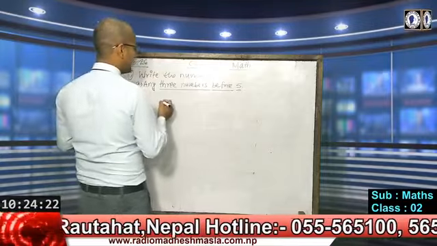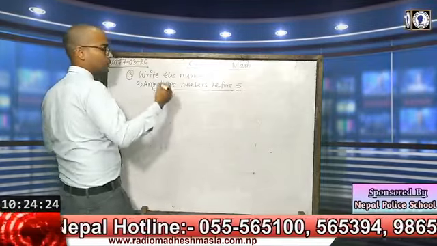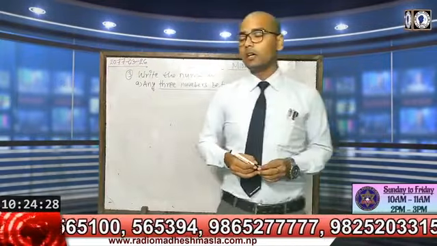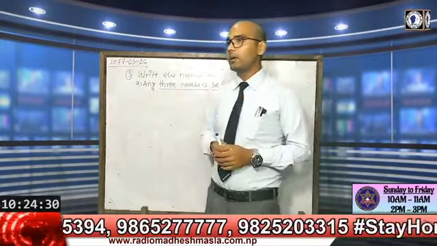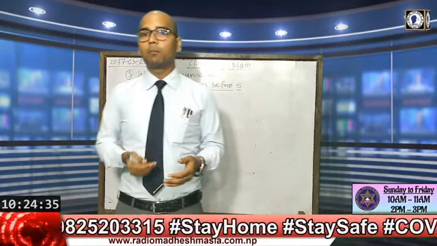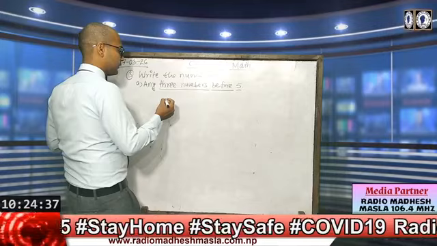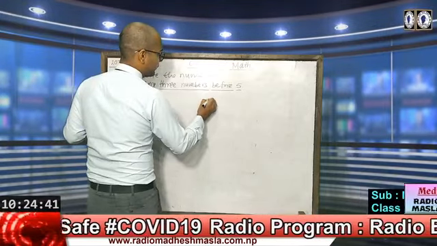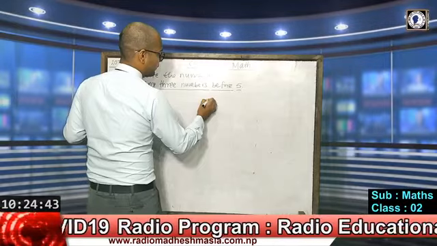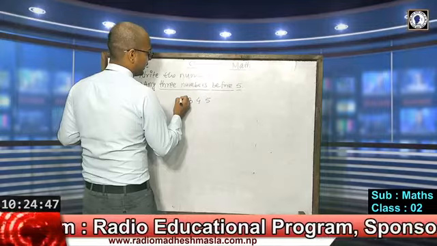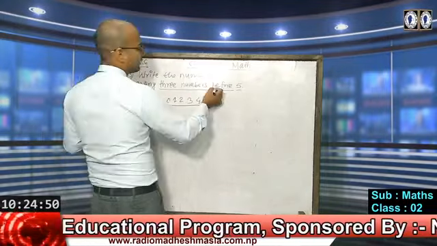As we know, the numbers start from 0, 1, 2, 3, 4, 5. Just think about what numbers come before 5. Before 5 it will be 4, 3, 2, in the same way 1, then after that 0.